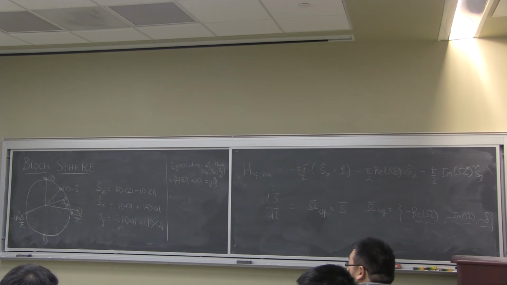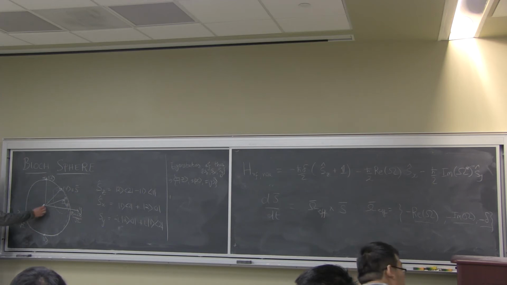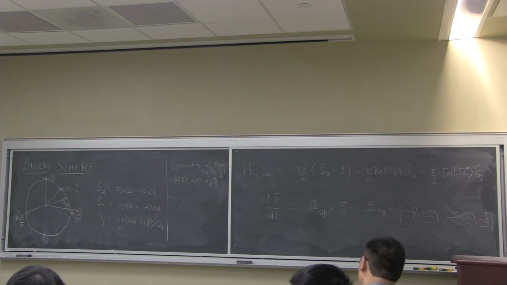If you turn off the microwave or the optical field at that point, you have created what I call the pi pulse, because your effective spin vector went by an angle of pi around the effective Rabi frequency omega. The effective Rabi frequency in this picture has 3 components determined by the amplitude, the phase, and the detuning. In this case, I set the detuning to 0, so this lies entirely along the x-axis, for example.